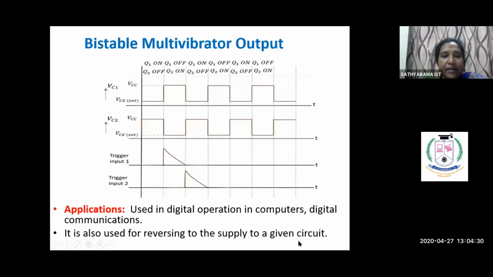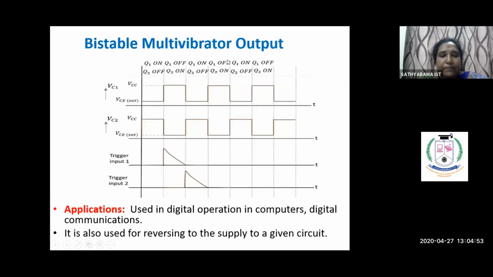After this, we want to change the state again, so we use the second trigger input 2. When we give it, Q1 goes from off to on and Q2 from on to off. So we are using two triggering pulses in the bistable multivibrator.